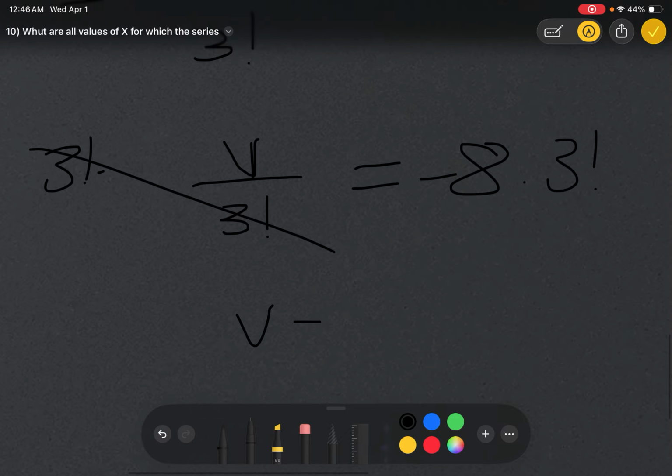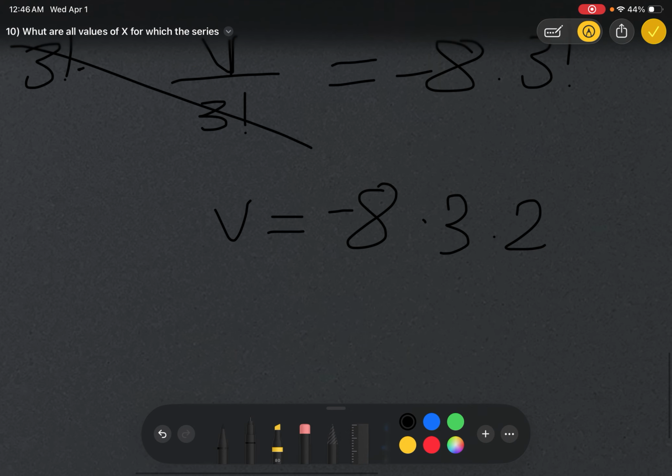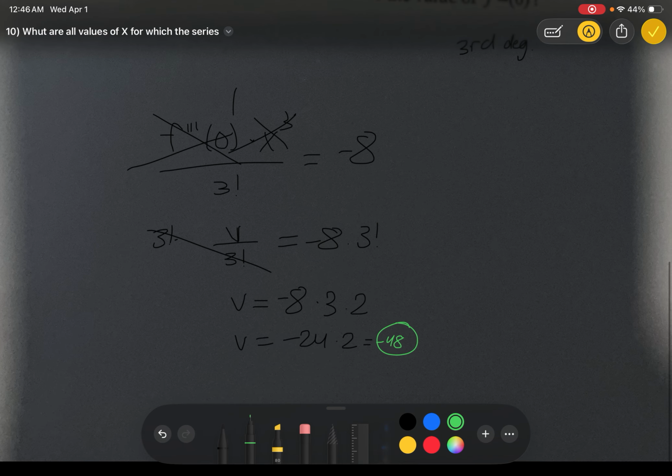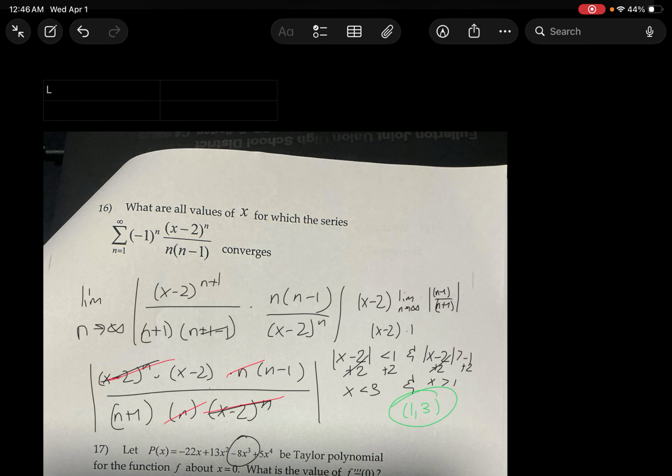Negative 8 times 3 times 2. Negative 8 times 3 is negative 24. Times 2 is going to be equal to negative 48. This concludes question number 17. Two more questions. These are the last ones, 18 and 19.